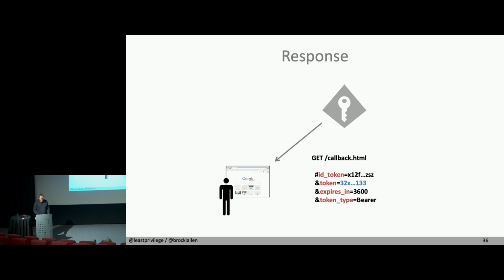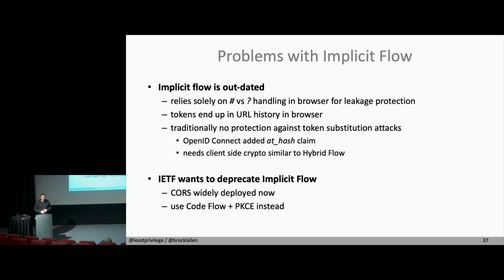Just recently, the discussion has started again, and the decision has been made. And maybe you have heard about that, or maybe not. You should know about it: now in 2019, cross-domain AJAX calls are a solved problem, right? We have CORS, it's working, so it's time to deprecate the implicit flow, okay?